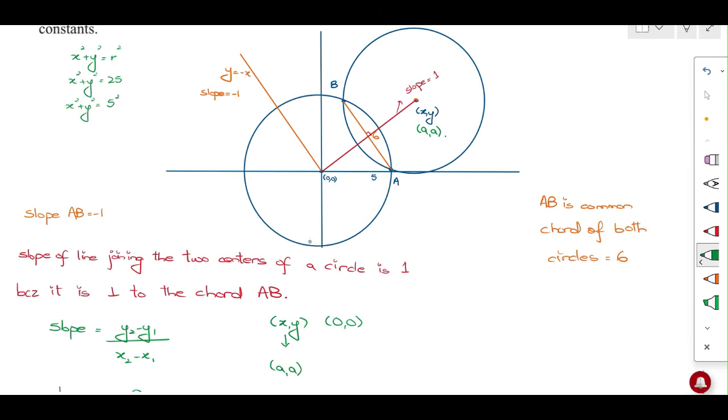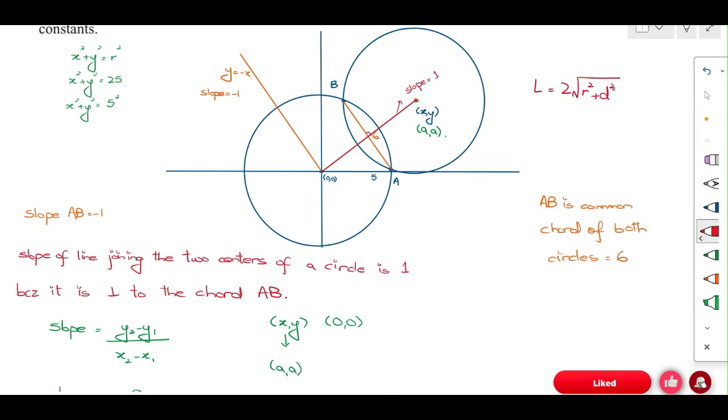Okay, now we use the chord length formula. What is the chord length formula? Let me write down the formula first. The chord length L is equal to 2 times the square root of radius square plus d square.